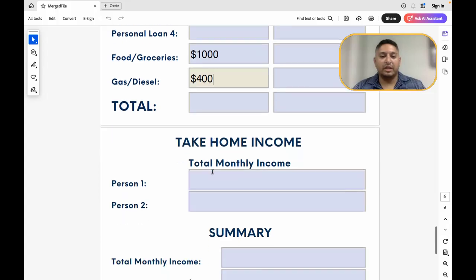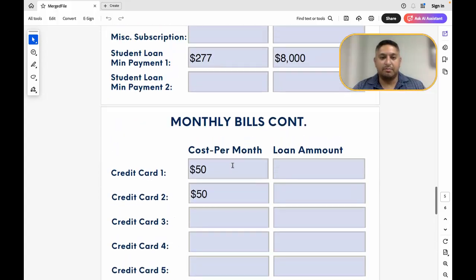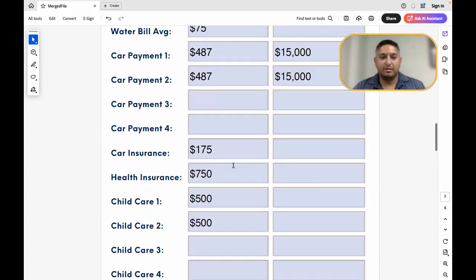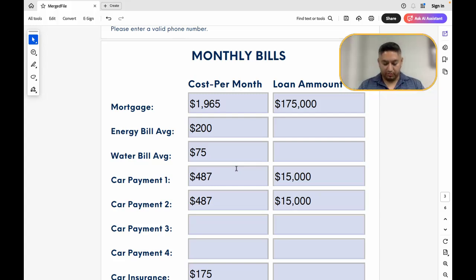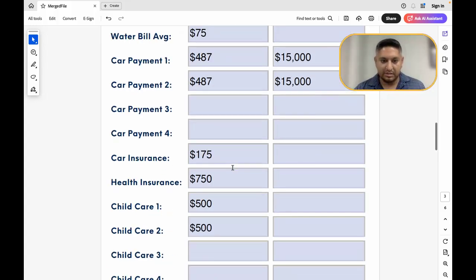So let's go ahead and add this up. So we are at 1965, 200 plus 75 plus 487 plus 487 plus 175 plus 750.